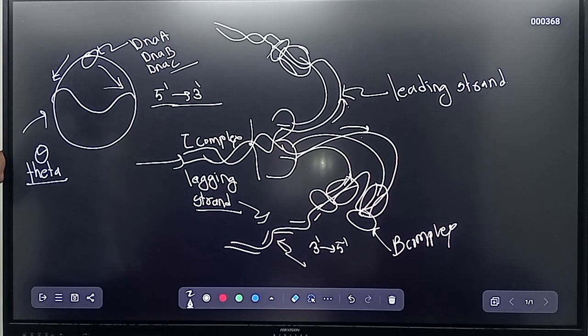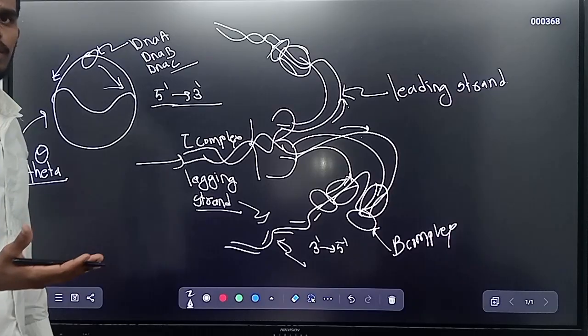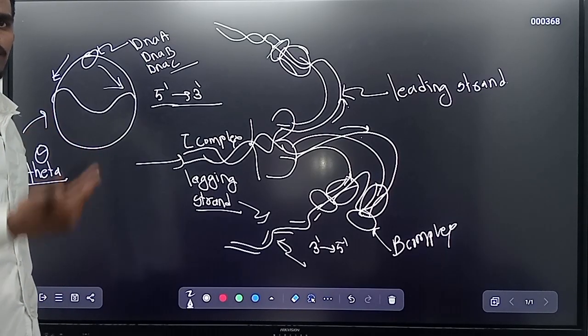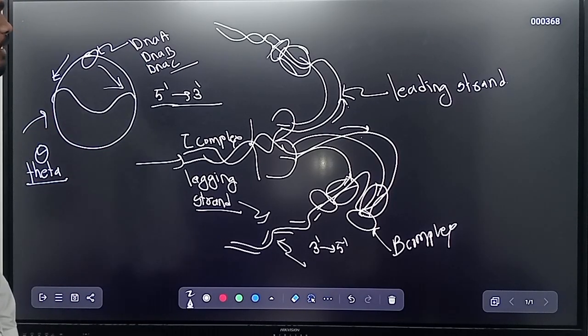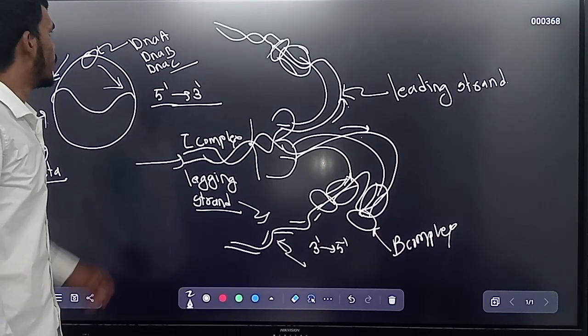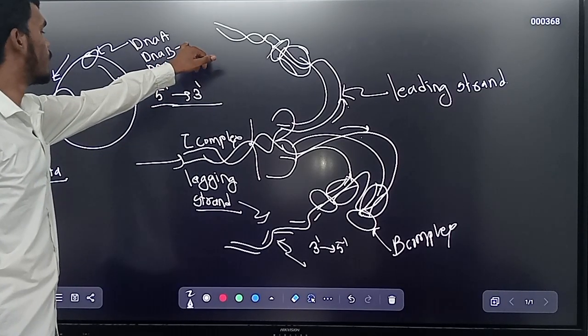Lagging strand. So this is the DNA polymerase 3 complex.